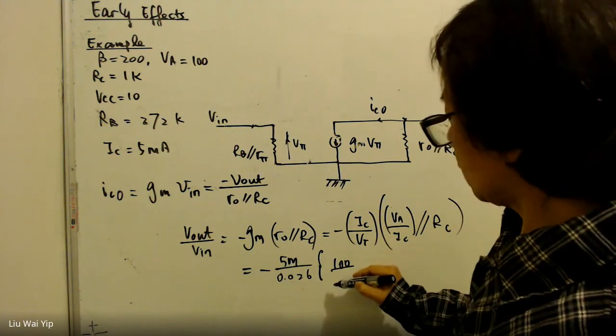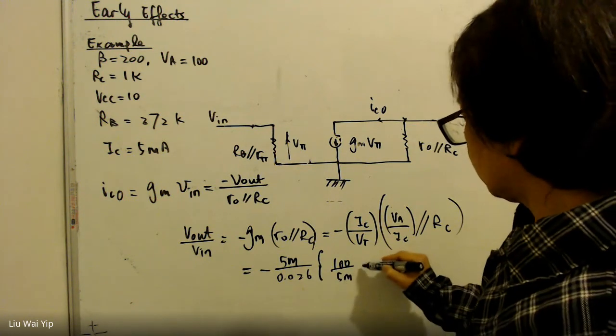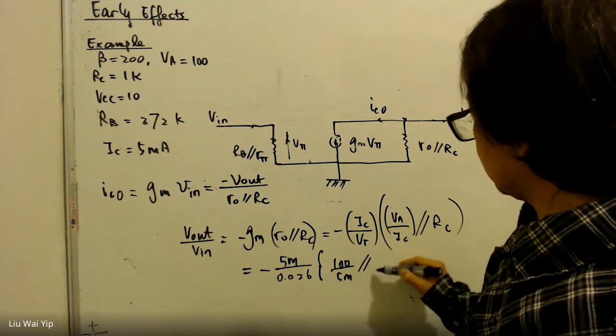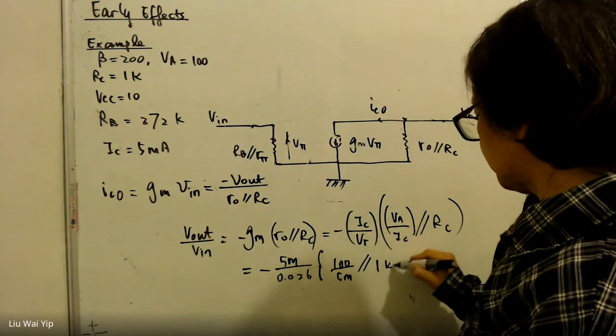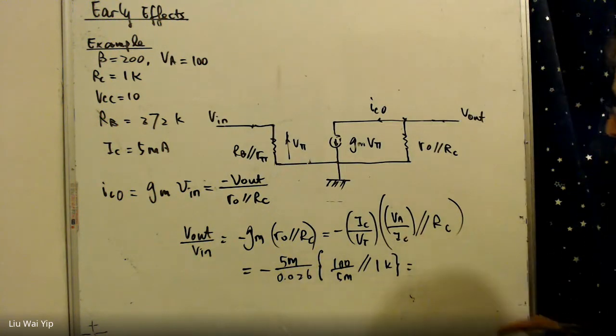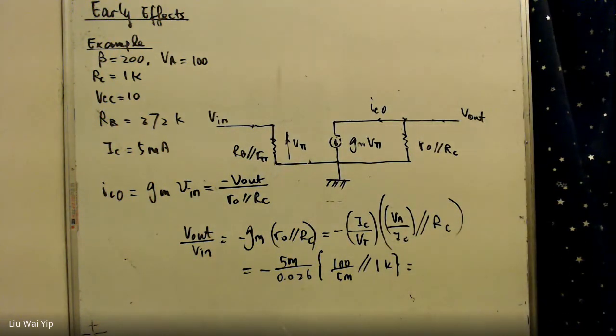IC is 5 milli, and RC is 1K. So if you do it carefully, let's see what we can get.